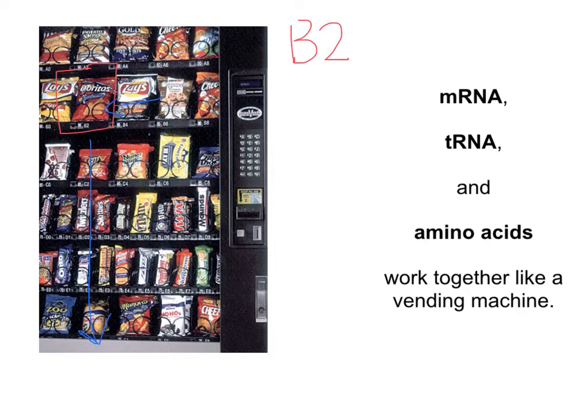So now let's turn to our mRNA, tRNA, and amino acids. In this situation, our mRNA is our code. It is our B2. mRNA tells the cell what amino acid it actually needs. tRNA is going to be our spirals. It's going to be the spirals that carry that final product, that cheesy goodness of Doritos, to the end of the shelf.